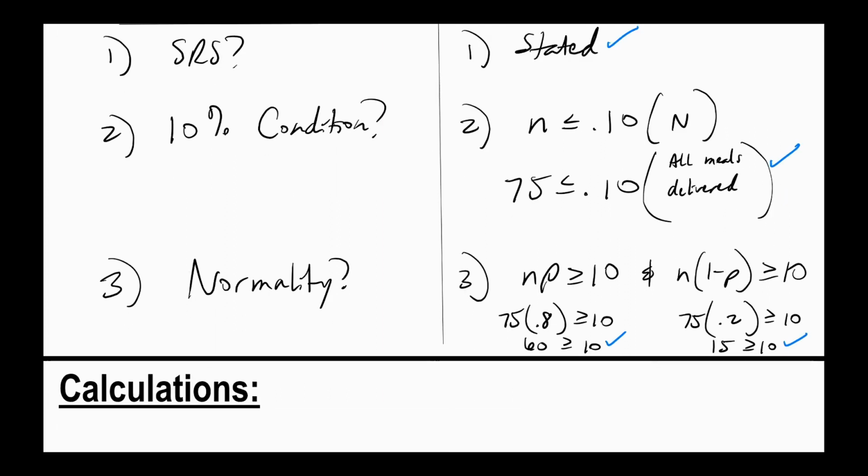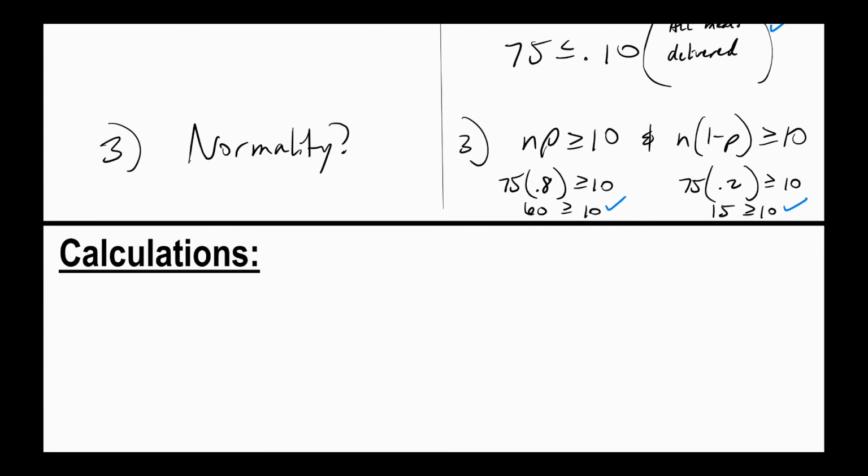Second to last step is calculations. So now we're going to use that formula that we had before. So we're going to say p hat, p hat is 0.8, plus or minus z critical. What did we say was z critical for this problem? Good.